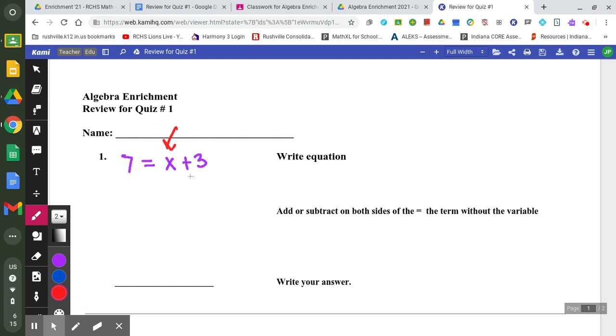So I need to do the opposite of plus 3, which is minus 3, and I do that on both sides of the equal sign. So 7 minus 3 gives me 4 equals x. And then the plus 3 minus 3 cancels. And so this is my answer.